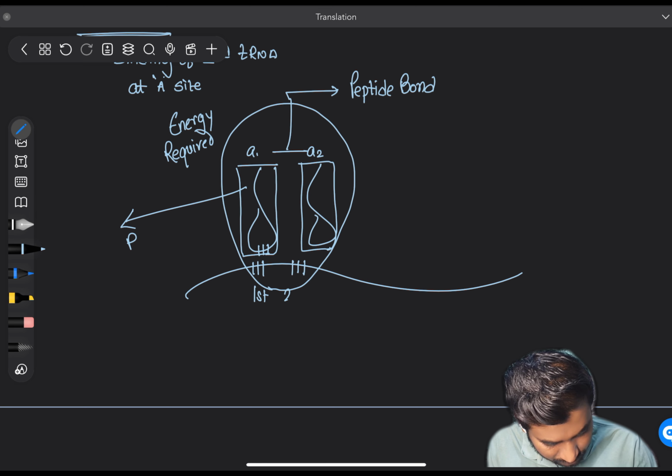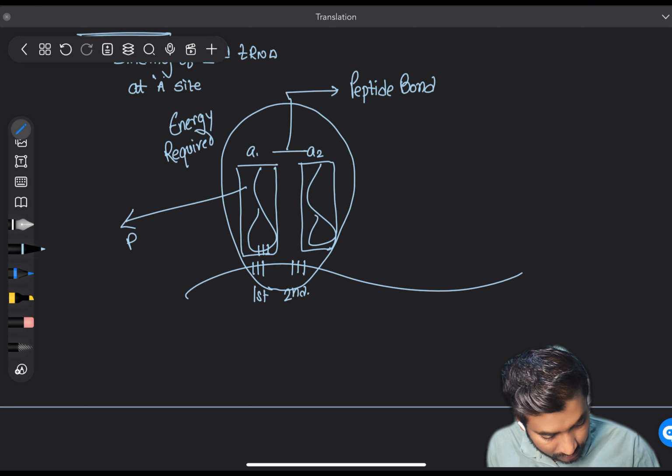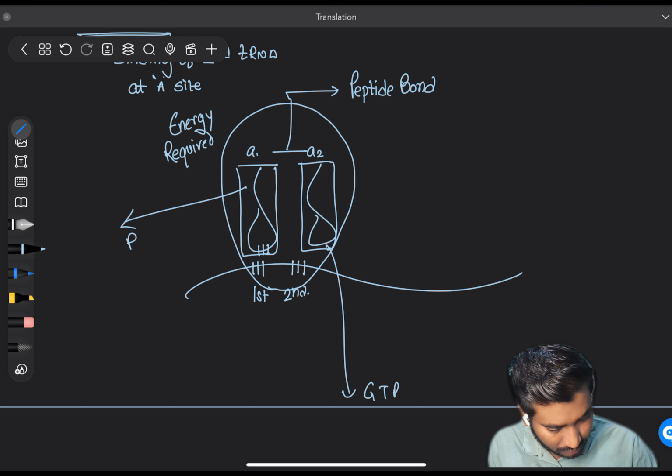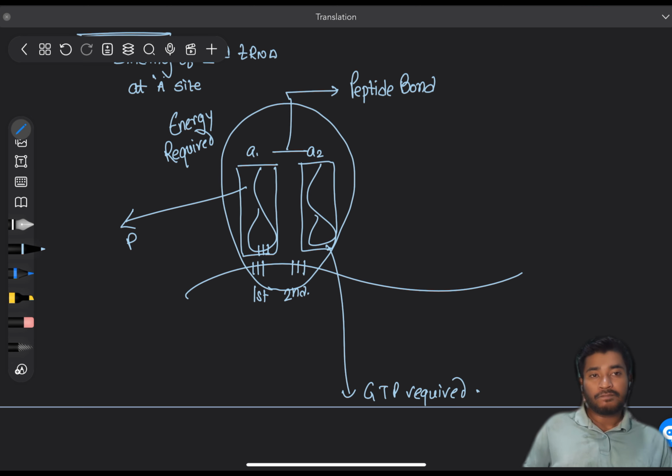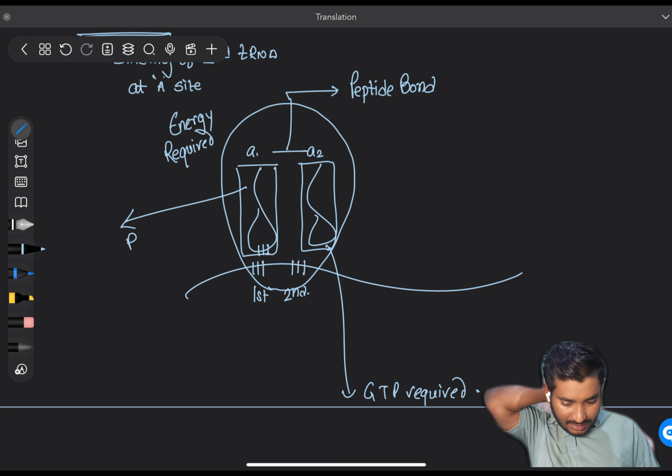The first one, the second one. GTP is required. Here, GTP required. That is, energy is required. Energy is required. Now what happens here?